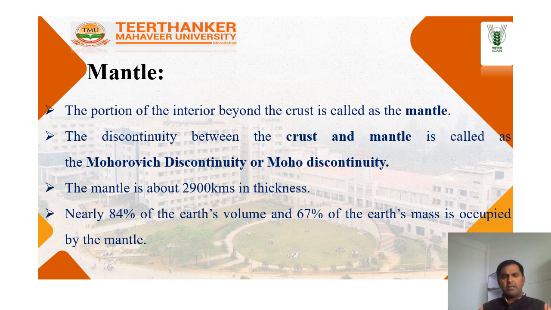Here you can see the mantle. Next is the mantle. Generally the mantle is just beneath the earth crust. It is also a semi-solid material, like magma, and the discontinuity between the crust and mantle is called the Moho discontinuity.